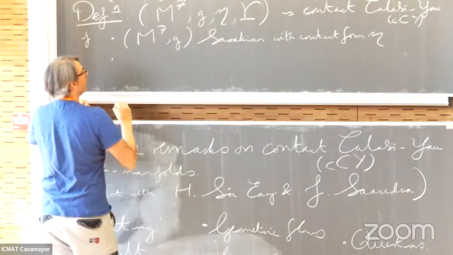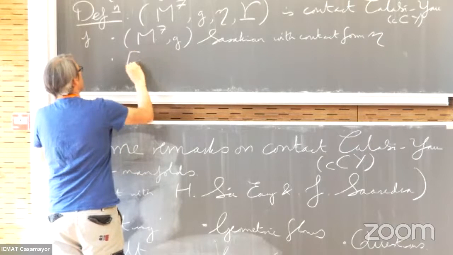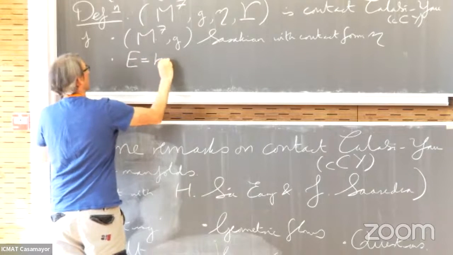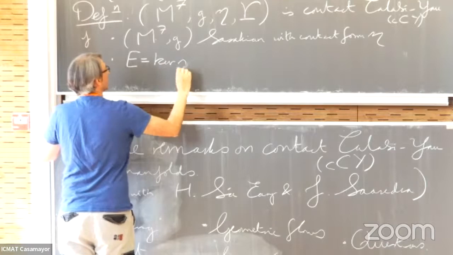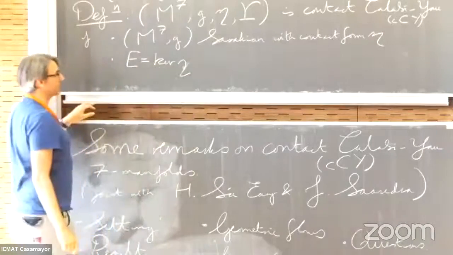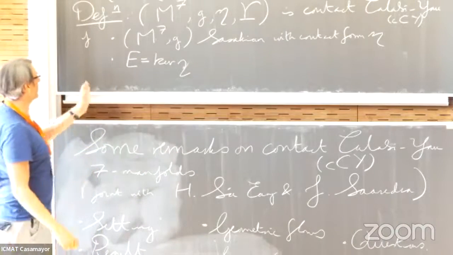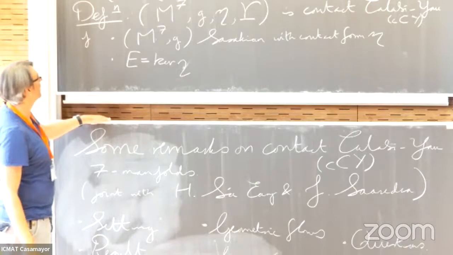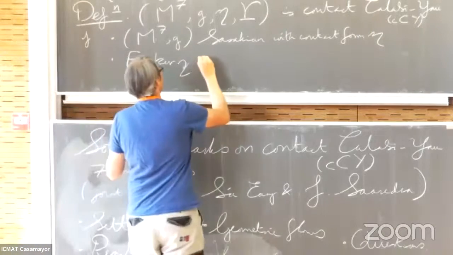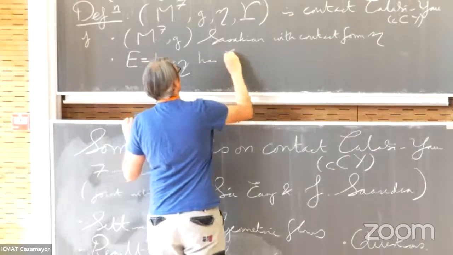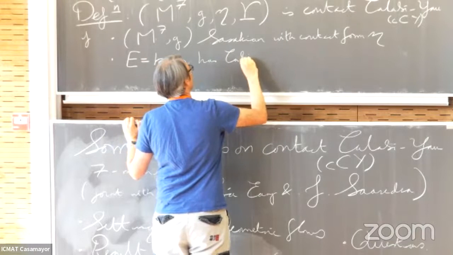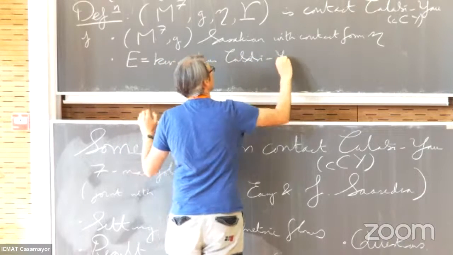And then I want that if I look at the kernel of eta, so that's going to be a rank 6 thing, I want that this has Calabi-Yau structure.